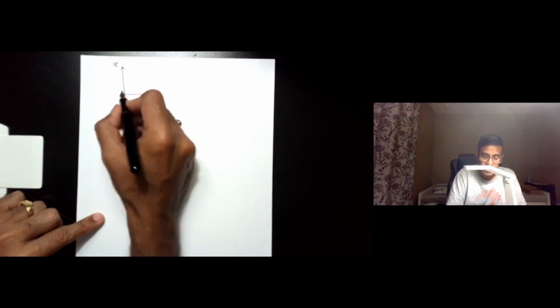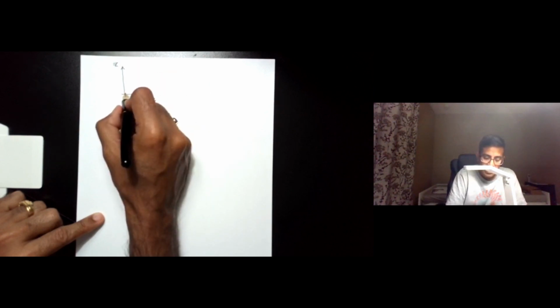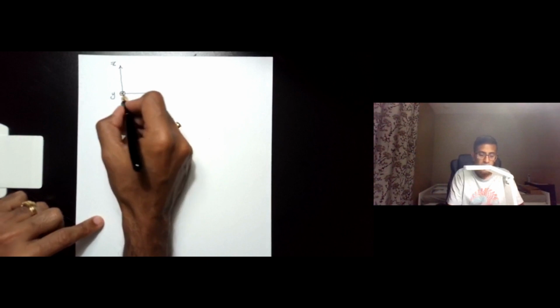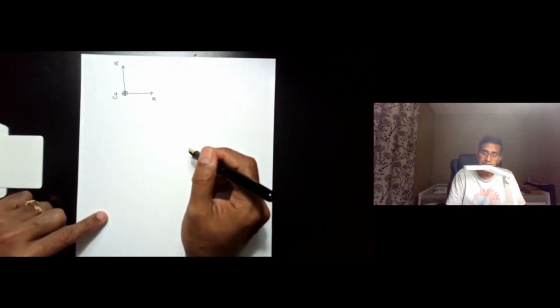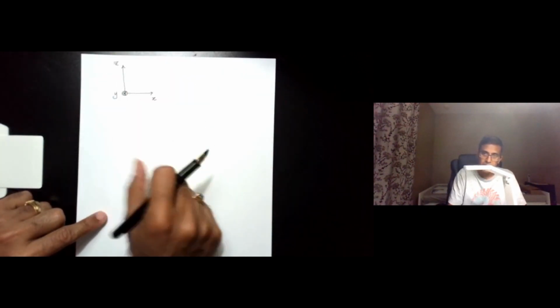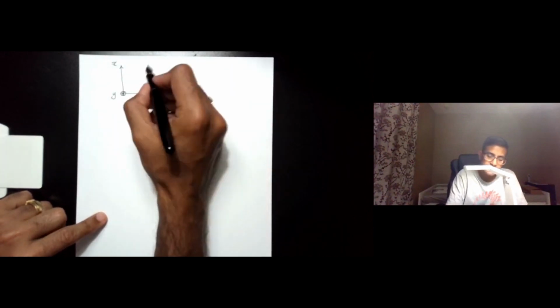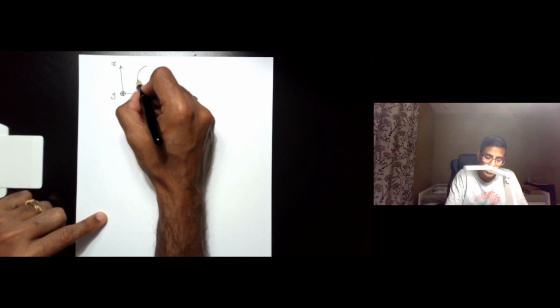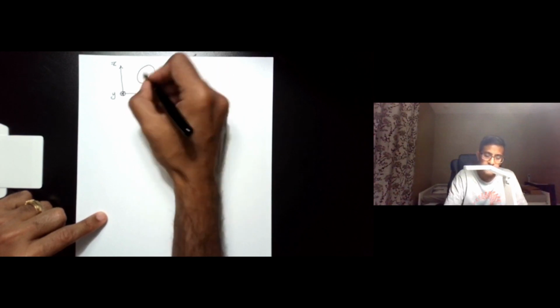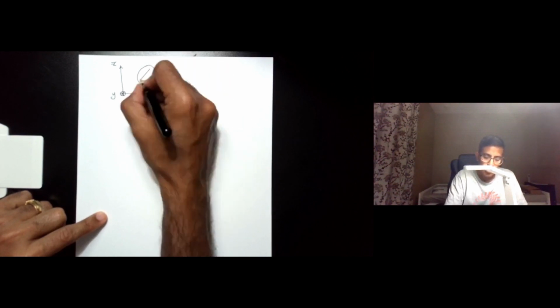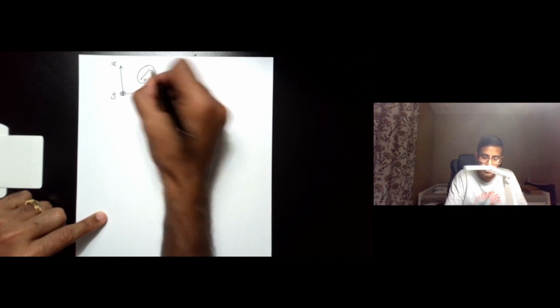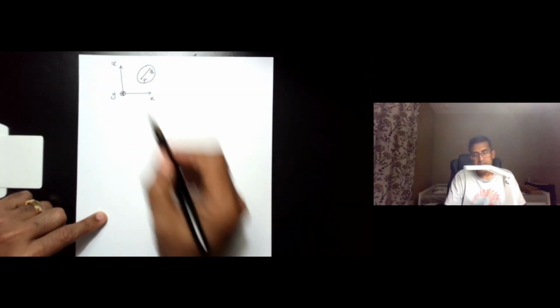So let's say we have X, Y and Z. The circle with the cross indicates that the y-axis is directed into the surface of the page. So X, Y, Z forms a right-handed vector. Now let us say that there is a rigid body here in space, and let's say that there are 2 points P and Q on the same rigid body.